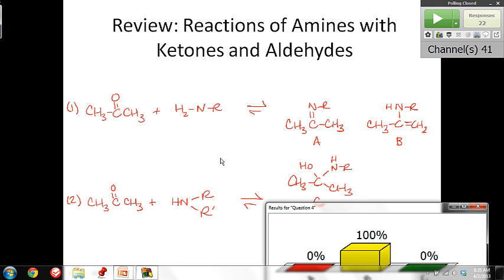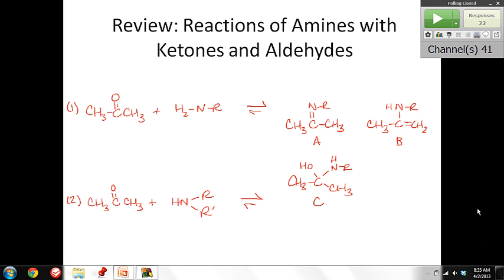Because what's the problem with B? The problem with B is this nitrogen should have an R and an R prime. Okay, but of your choices, leaving it blank would have been the most correct one, but that's okay. Apparently I can't use the same set for those. Secondaries form enamines. Okay, so that's one of the reactions of amines, review reactions.